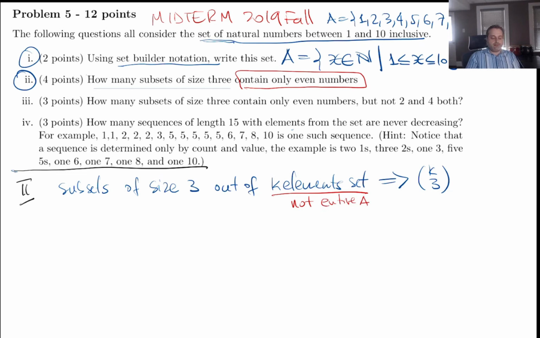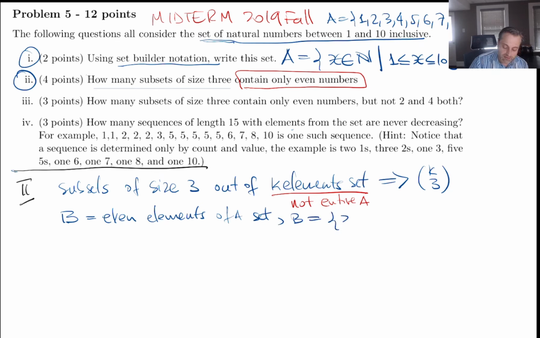So then let's cut the subset that we care about. Let's say B is the even elements of A set. So B is only the even ones, 2, 4, 6, 8, 10.